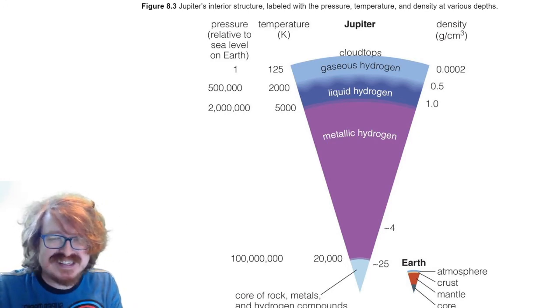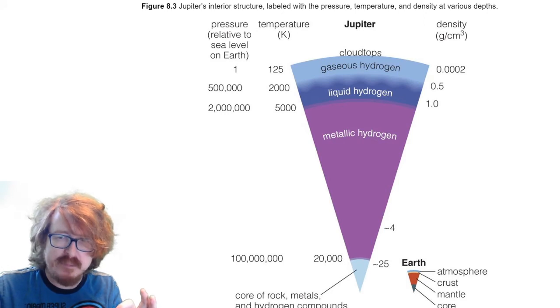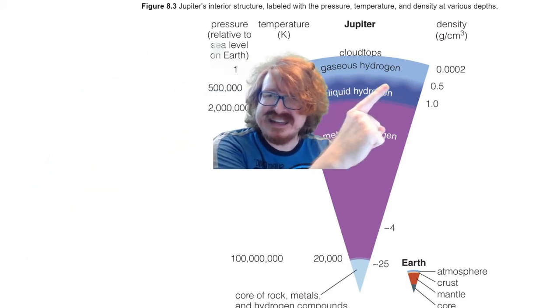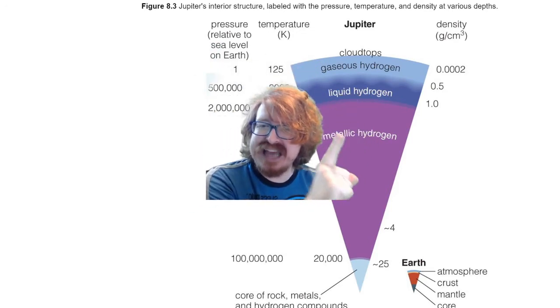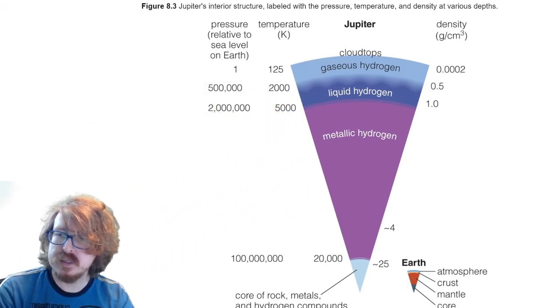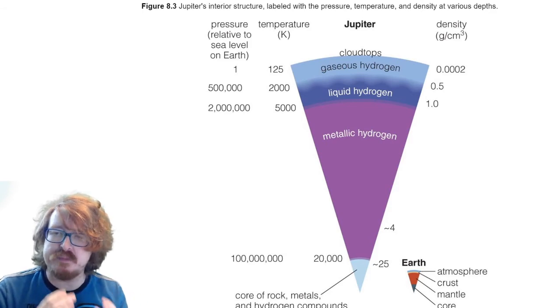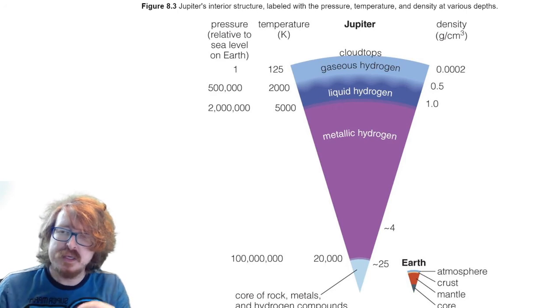And that's that it can conduct electricity, okay? So regular liquid hydrogen can't conduct electricity, but liquid metallic hydrogen can, okay? So when you say liquid metallic hydrogen, you really just mean liquid conductive hydrogen, okay?